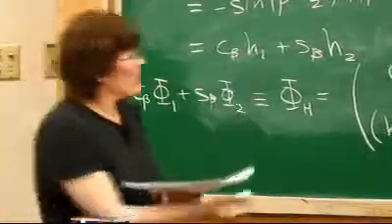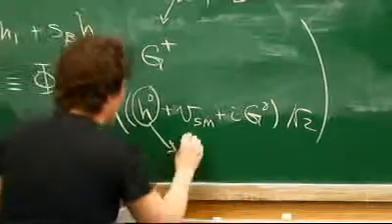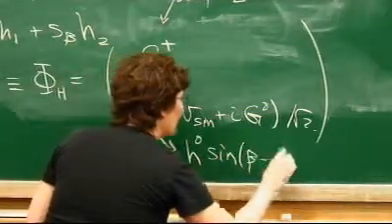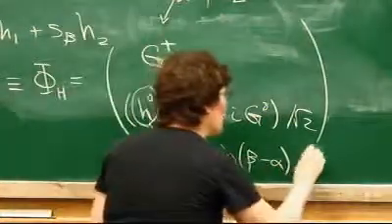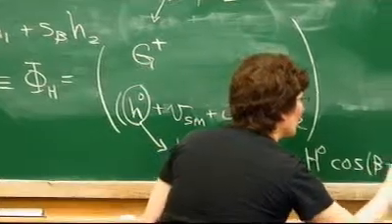Okay? When you're away from this limit, this sine beta minus alpha equals 1 limit, what shows up down here is actually little h sine beta minus alpha plus big H cos beta minus alpha. Okay?